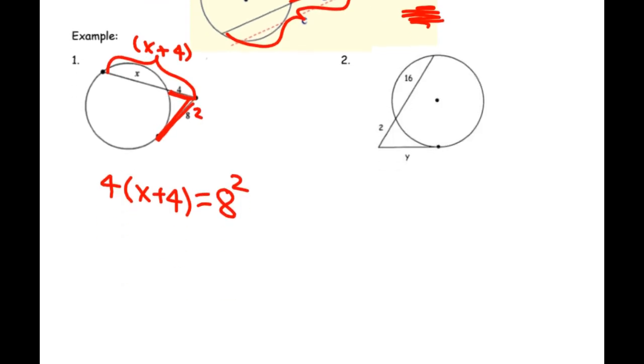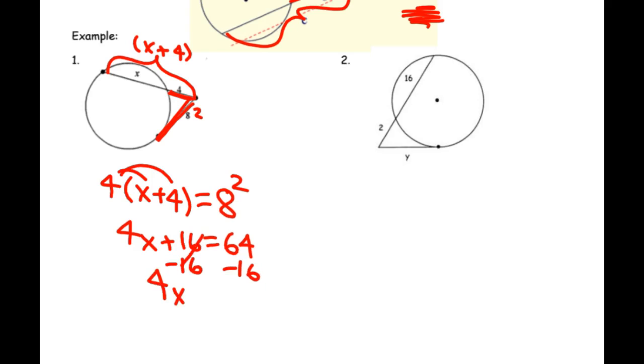So let's distribute 4 times x, 4x, 4 times 4, 16, and equals, what's 8 squared? 64. And now, let's get rid of the loner, minus 16, minus 16.